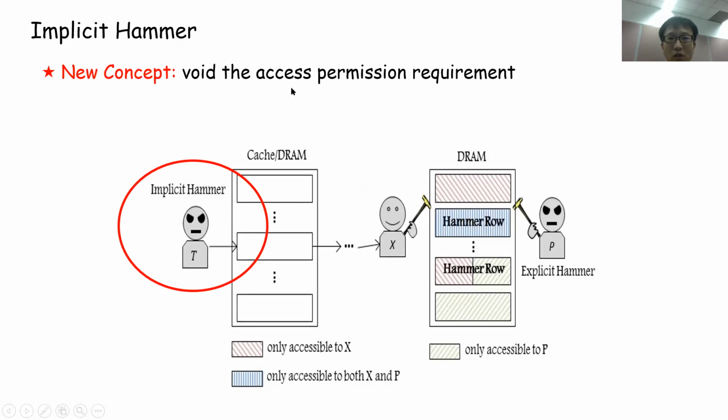Implicit Hammer can void the access permission requirement. As this figure shows, the attacker T in Implicit Hammer does not have access permission to these two exploitable hammer rows. Instead, the attacker triggers a benign entity X to implicitly hammer these two rows.